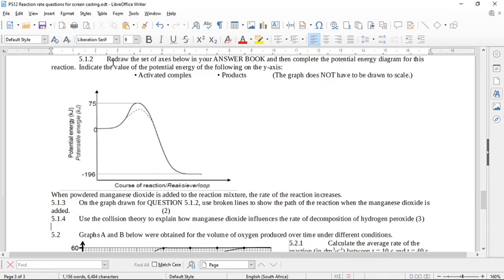So we need to say here: manganese dioxide is a catalyst. It provides an alternate lower energy reaction path for the reaction.